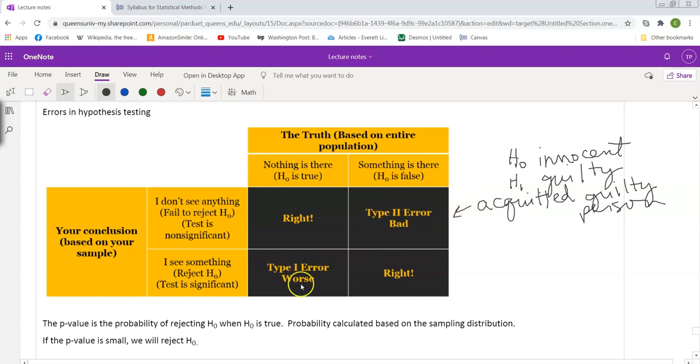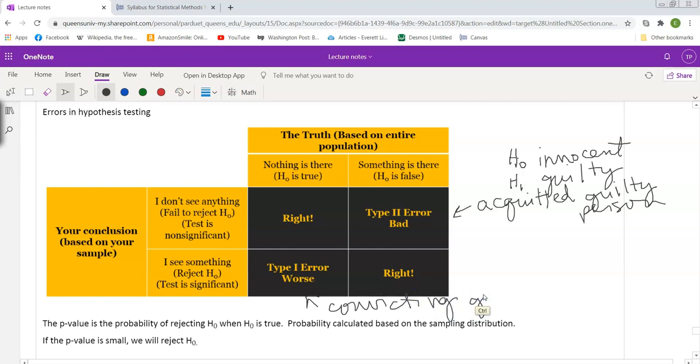However, what's worse is if we convict an innocent person. And that's what's happening here. If H0 is true, that means that the person is innocent. But if the test is significant, that means you're rejecting H0, you're finding them guilty. So this is convicting a guilty person.